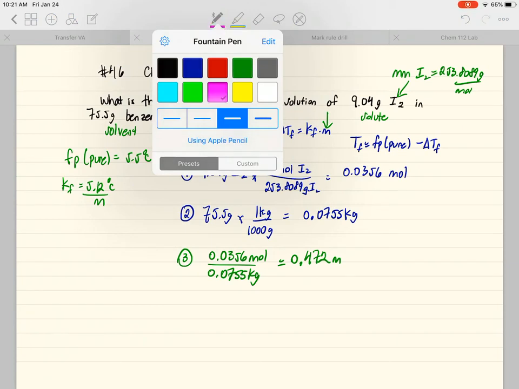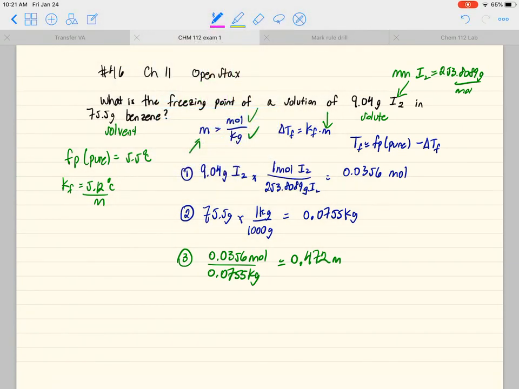Now, what we want to do is plug that into this formula here, and I'll switch to a different font color. And so step 4, we want to now start using our freezing point depression formula. Now Kf is going to depend on the solvent. For benzene, the Kf we looked up was 5.12 degrees Celsius per molality, okay?